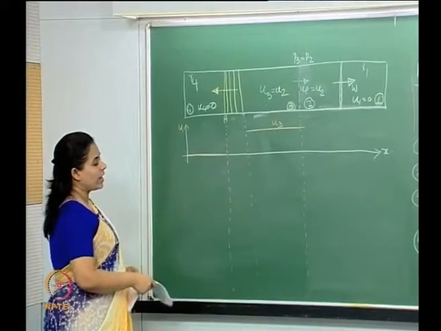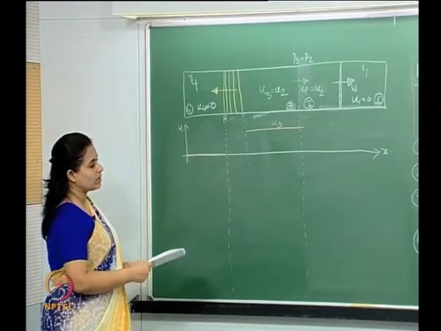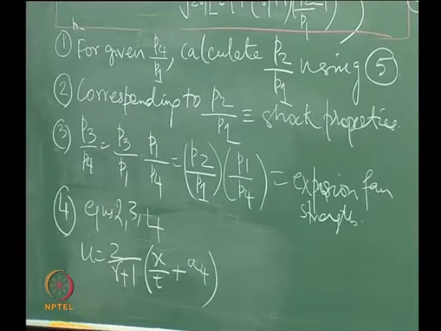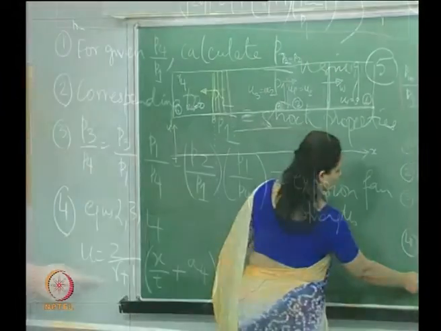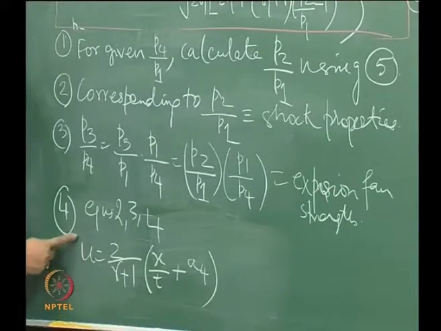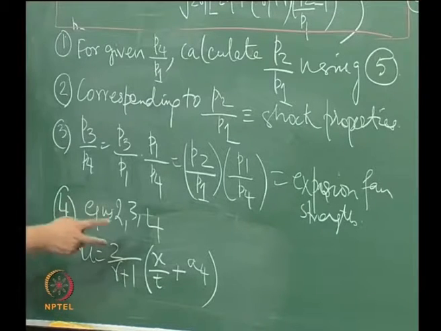So, over x, what is the relationship of the velocity? You can see it is a linear relationship. From this particular equation, rest everything is constant, the velocity and x have a linear relationship, right.